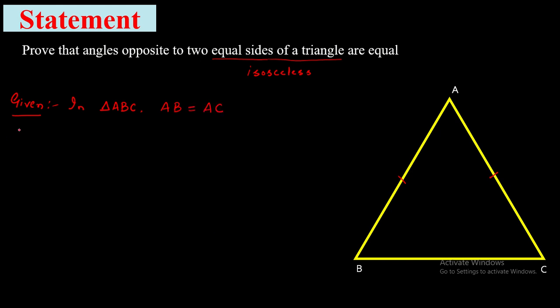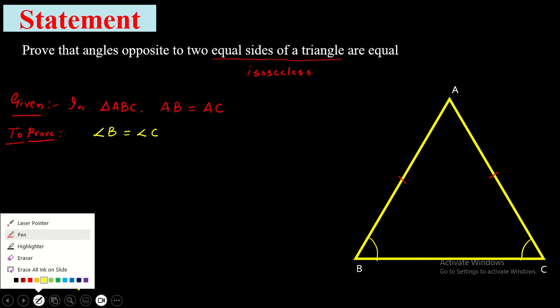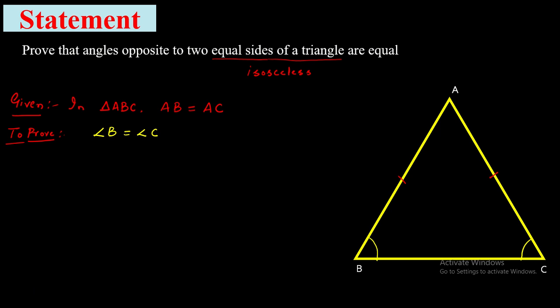Now we have to prove that the angles which are opposite to these equal sides. Here, the angle opposite to side AB is angle C, and the angle opposite to side AC is angle B. So we have to prove that angle B is equal to angle C. Now let's give the proof.